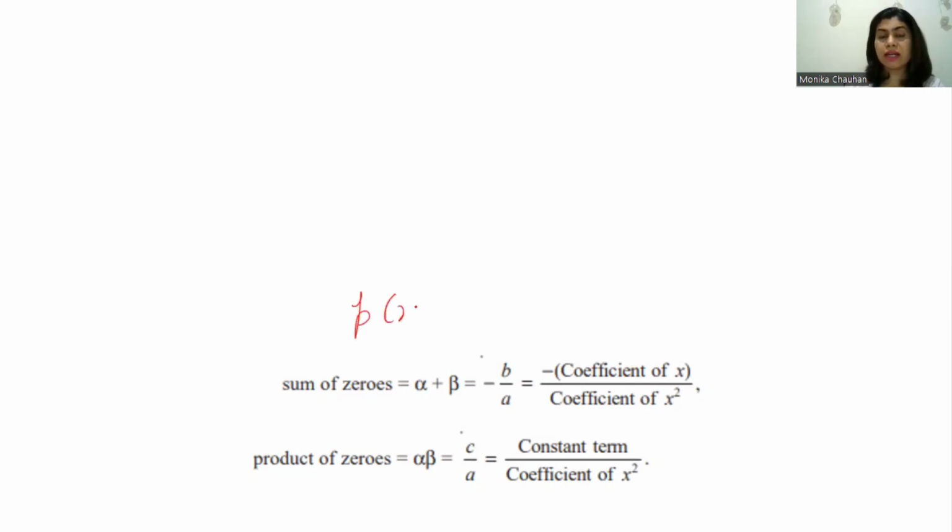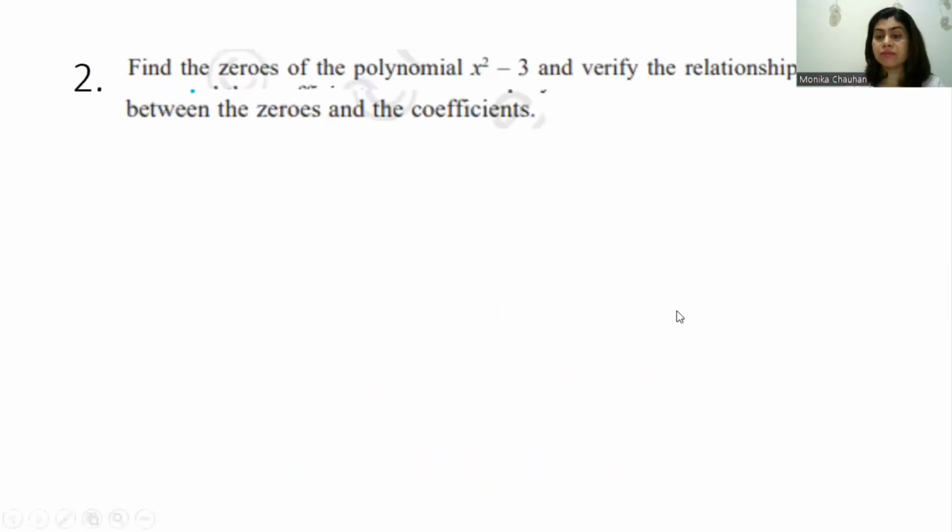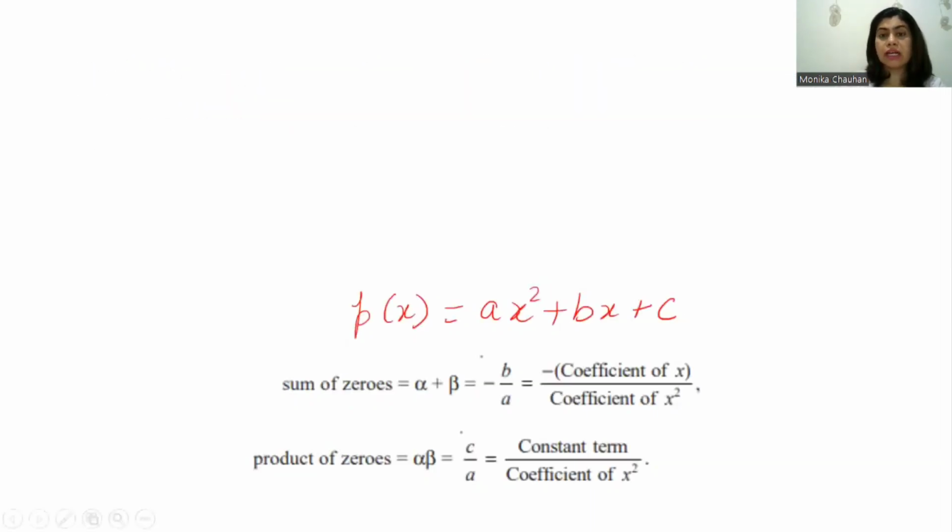Suppose I take a general quadratic polynomial, ax square plus bx plus c. So in this one, if you see, this is a general quadratic polynomial. They have said that the sum of the zeros is minus b upon a.